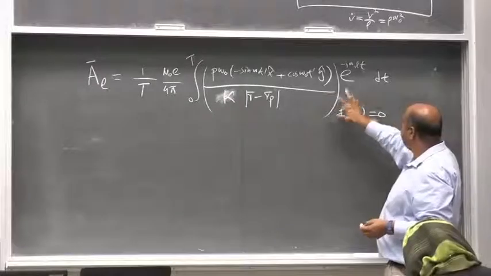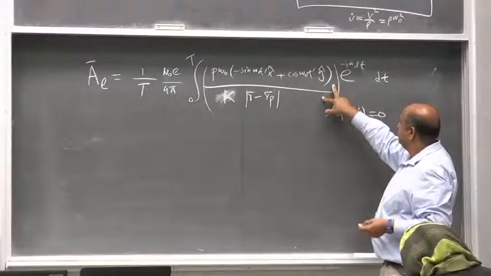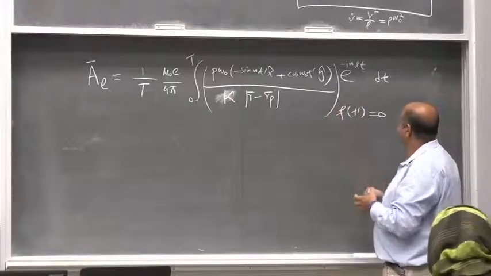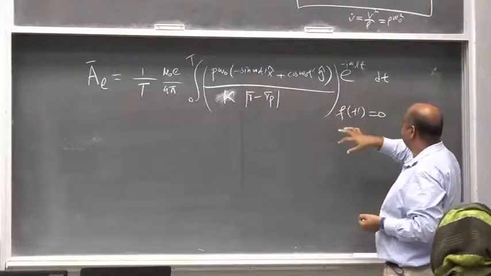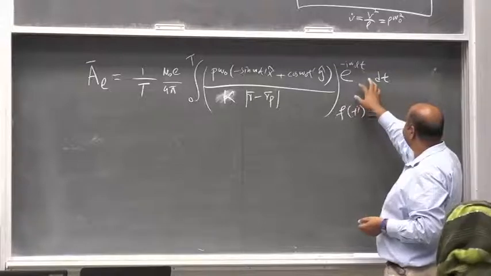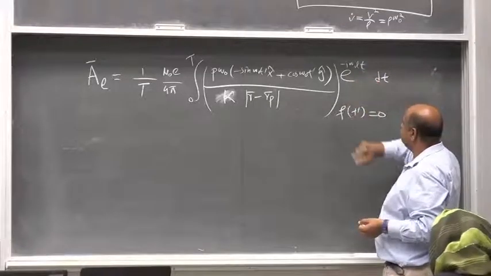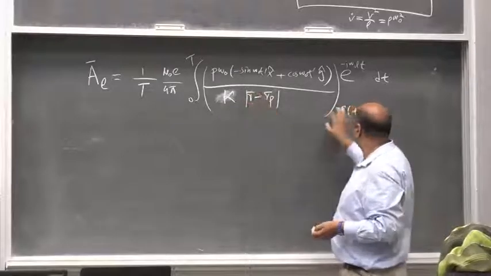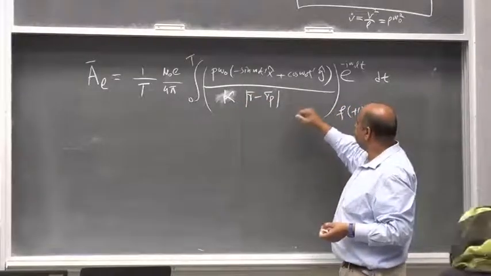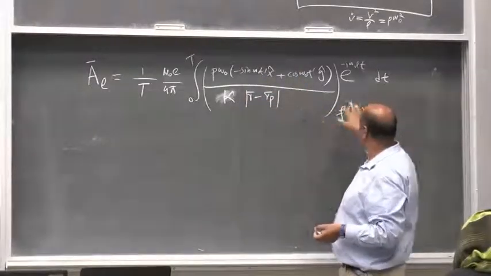If we are in t, then this function remains as it is, and then we have to evaluate kappa in t, but it would be much easier if we can convert all of this into t prime.